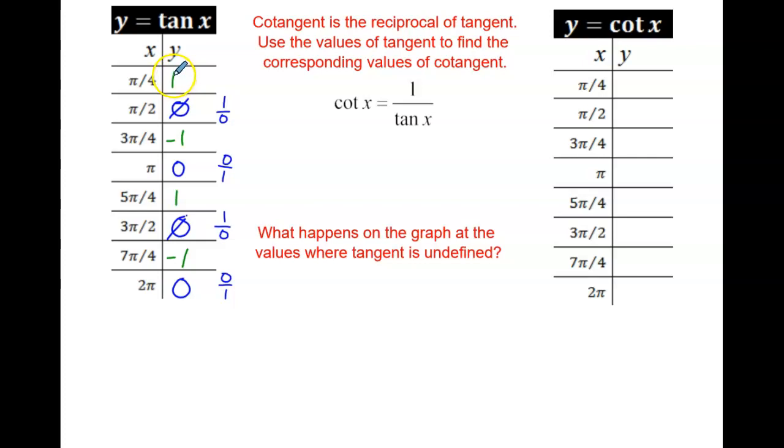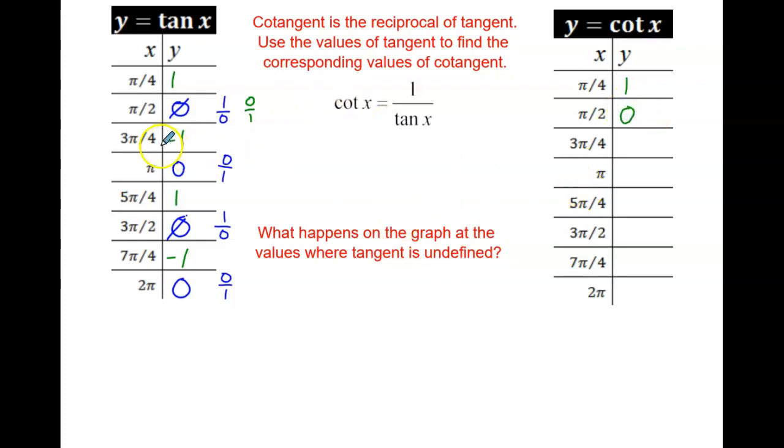So reciprocal of 1 means the cotangent of pi over 4 is 1, because the reciprocal of 1 is 1. Then at pi over 2, the function for tangent is undefined, which makes the reciprocal, since 1 over 0 flips over to become 0 over 1, that reciprocal of undefined is 0.